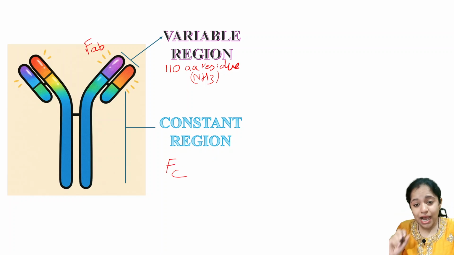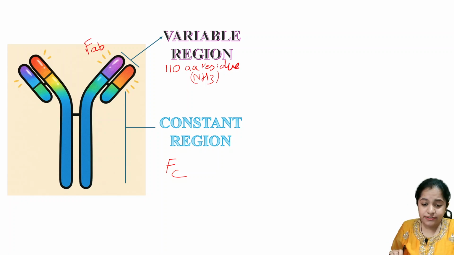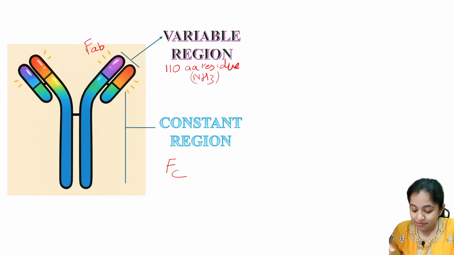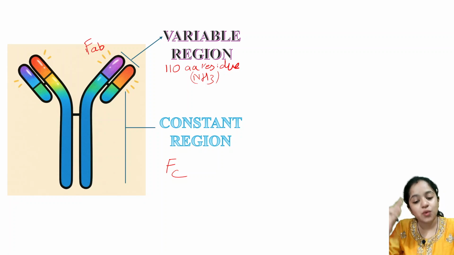Now why is it called variable region and why is this called constant region? Because in the variable region the amino acid sequence is different in different antibodies. In the constant region the amino acid sequence is the same in different antibodies.